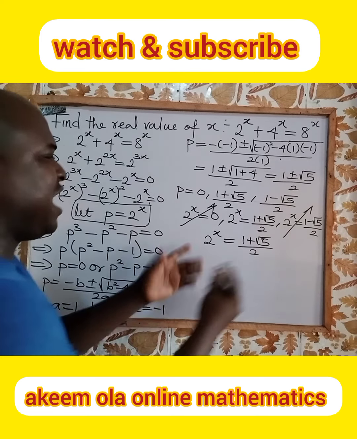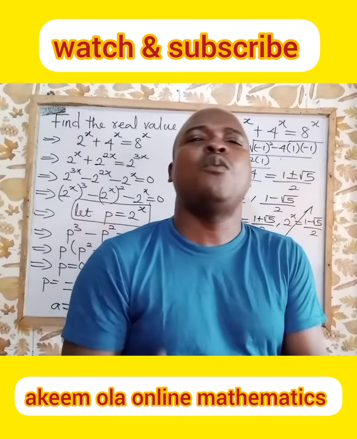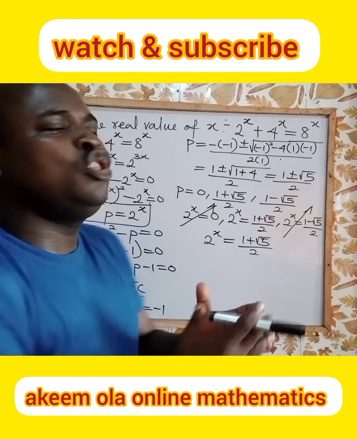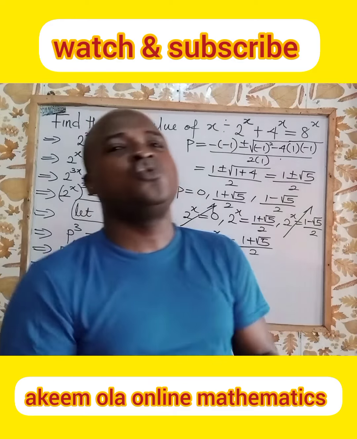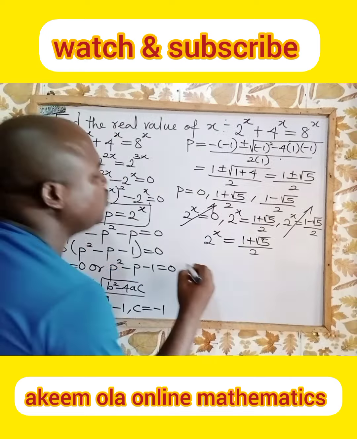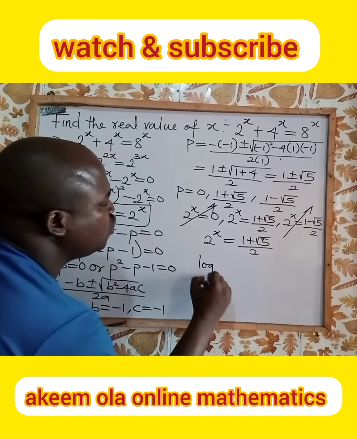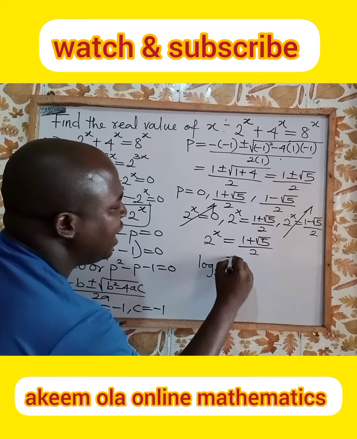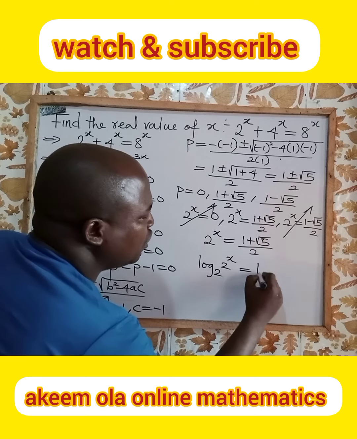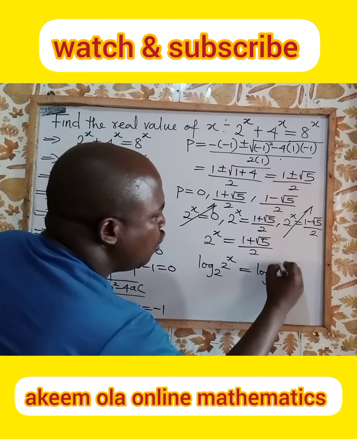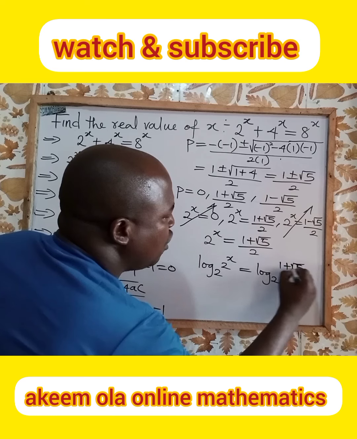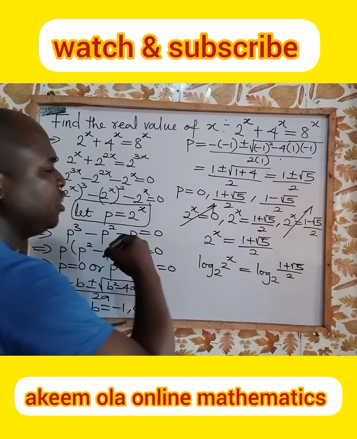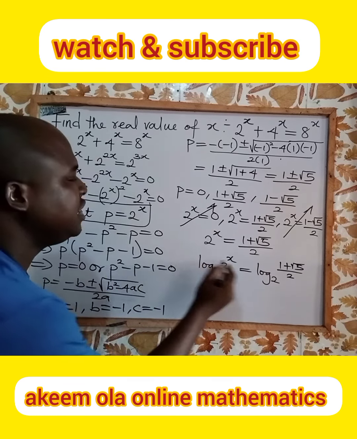So from here, we can now get our answer by taking the log of both sides to base 2. If you take the log of both sides to base 2, that means you're going to have log base 2 of 2 raised to power x is equal to log base 2 of 1 plus root 5 all over 2. Considering the laws of log, this x will come down.